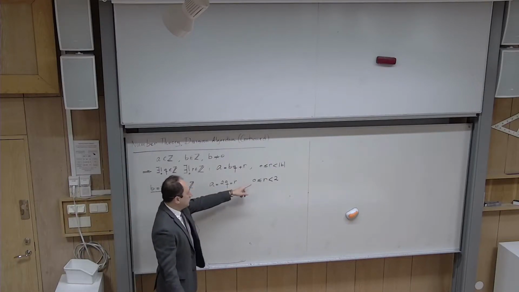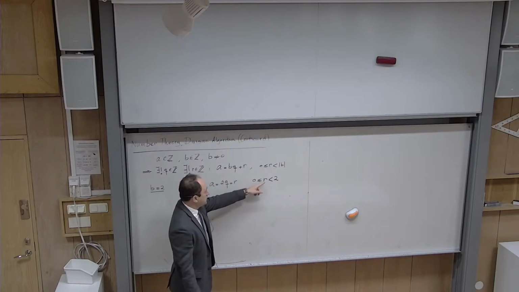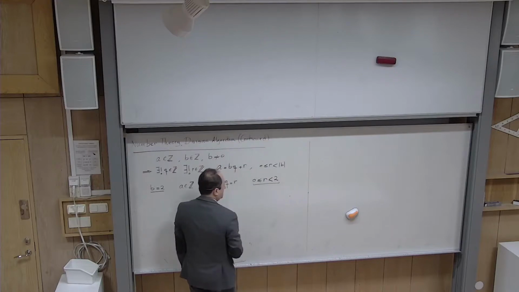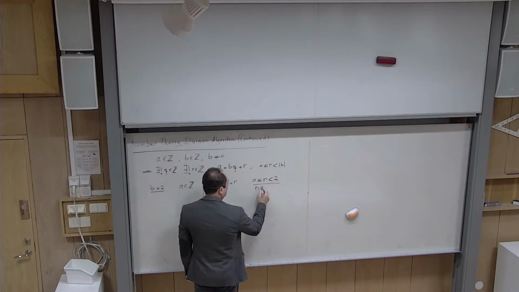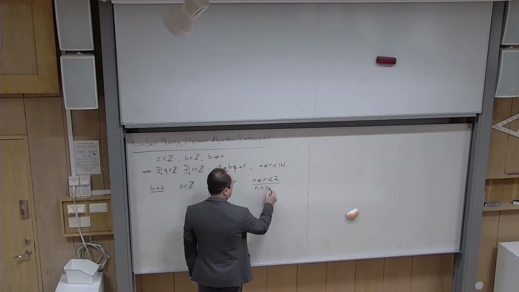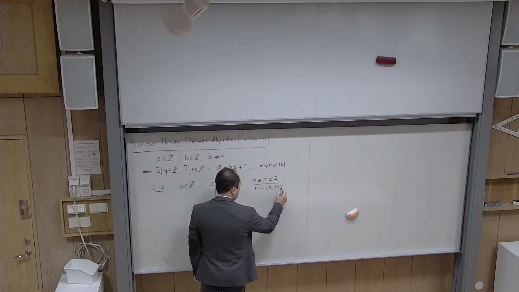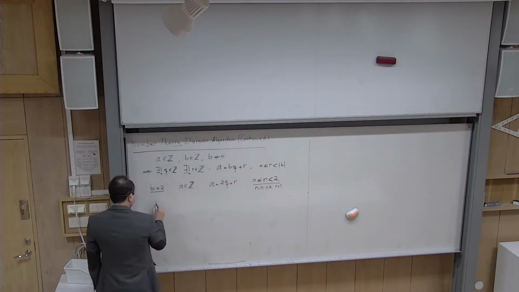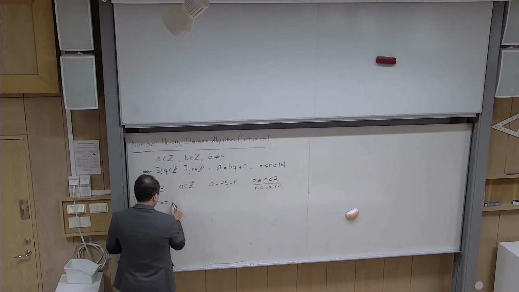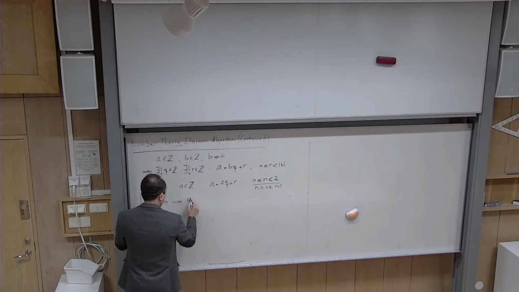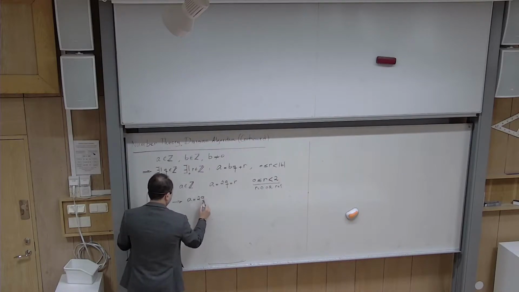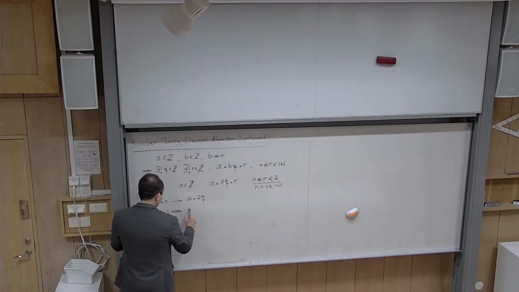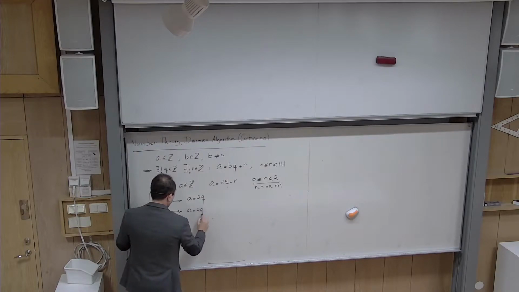We know that r is supposed to be in this interval. So how many choices are there? This means that either r is 0 or r is 1. Yes? So if r is 0, then what do I get? I get that a is 2 times q. If r is 1, this means that a is 2q plus 1.